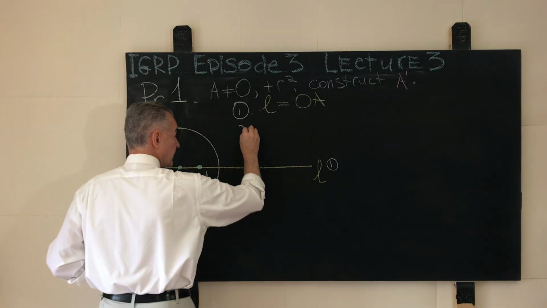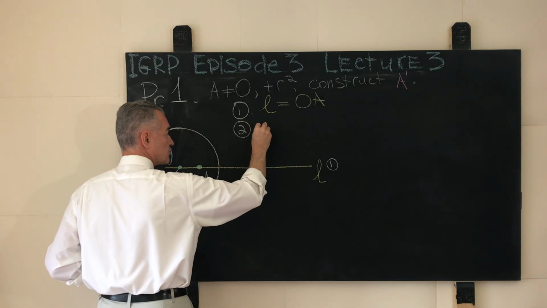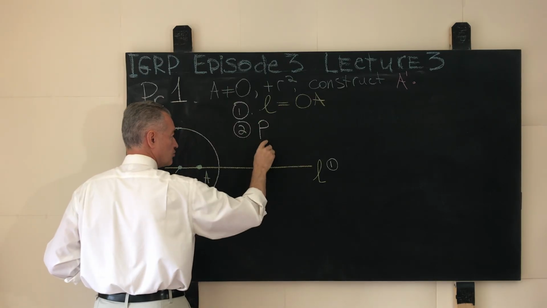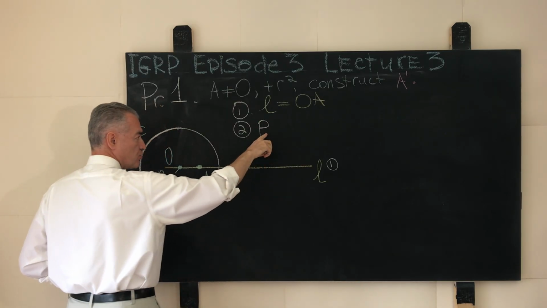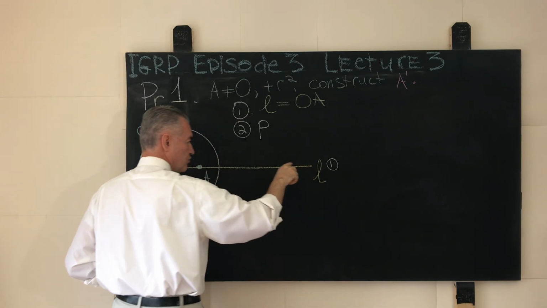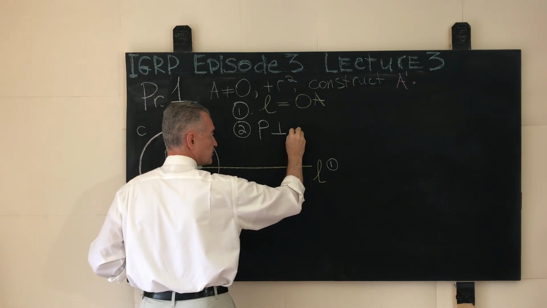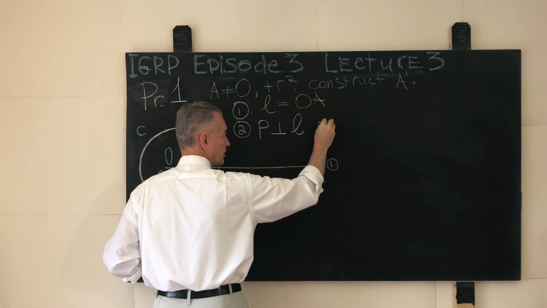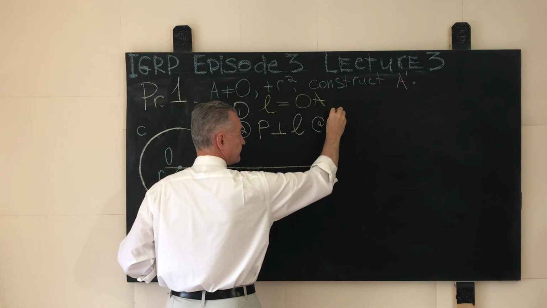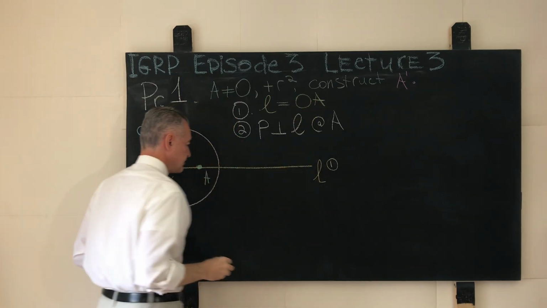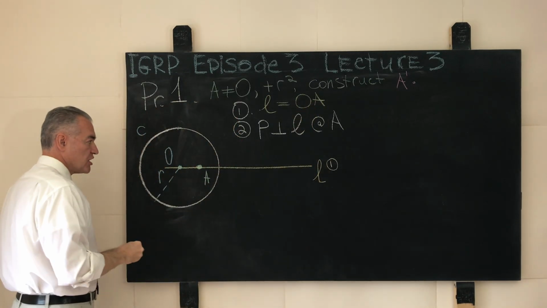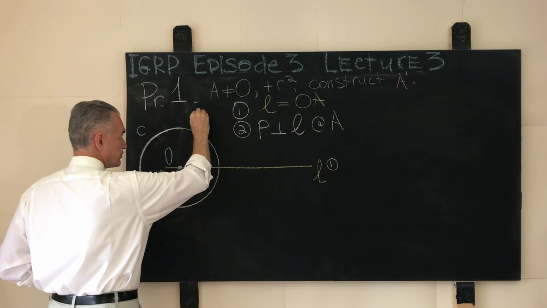In the second step, we construct a perpendicular, which we will call P, through the point A, and perpendicular to the straight line L that we constructed prior in the first step. That construction can be done with Euclidean tools alone.